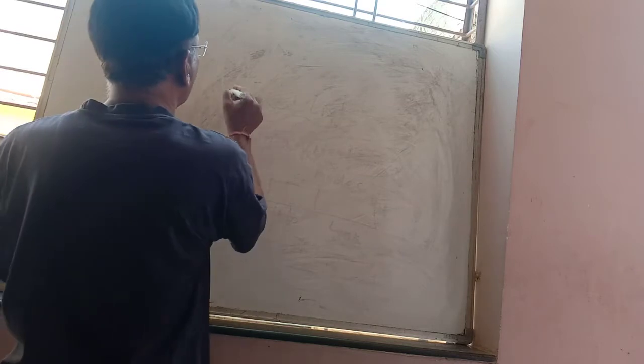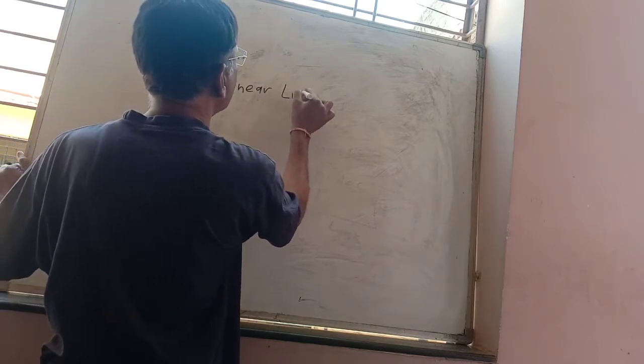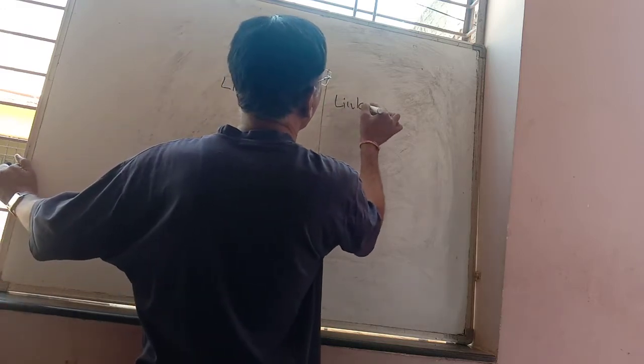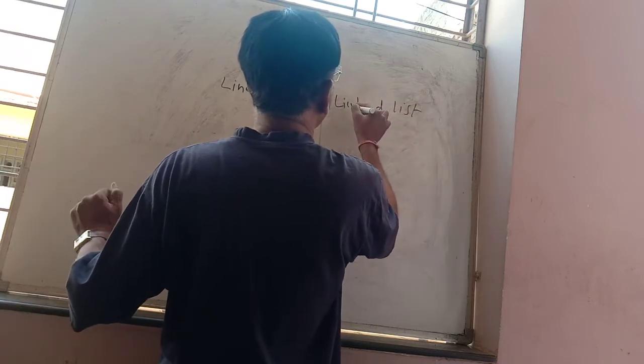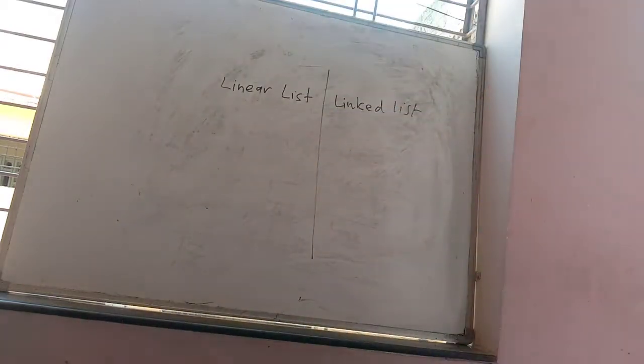What is the difference between a linear list and a linked list?